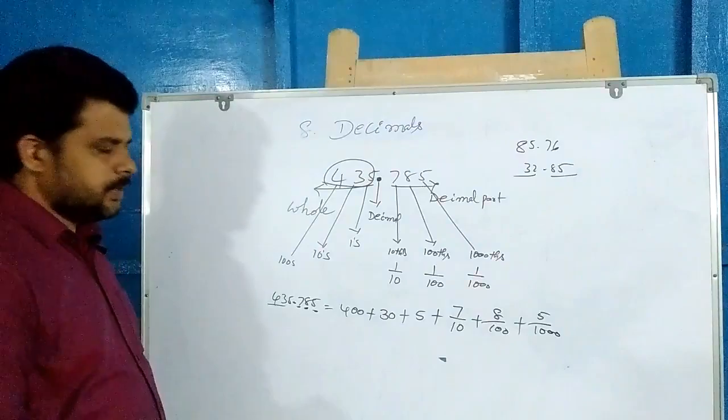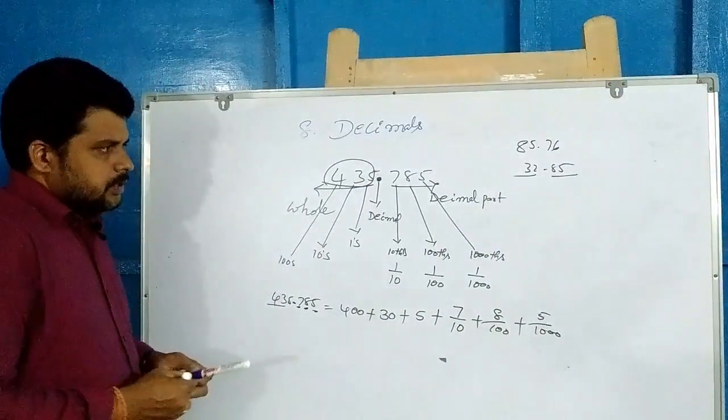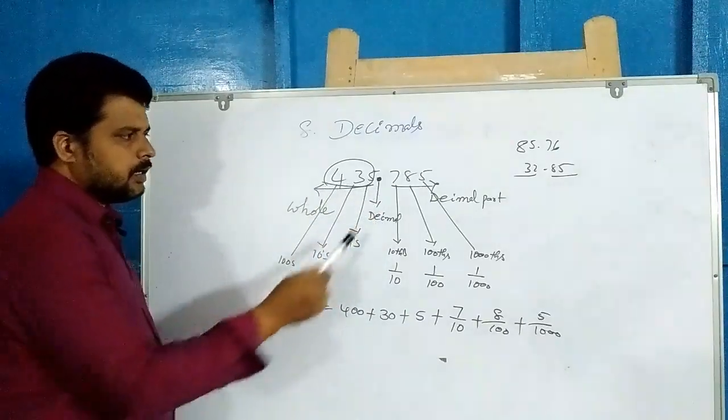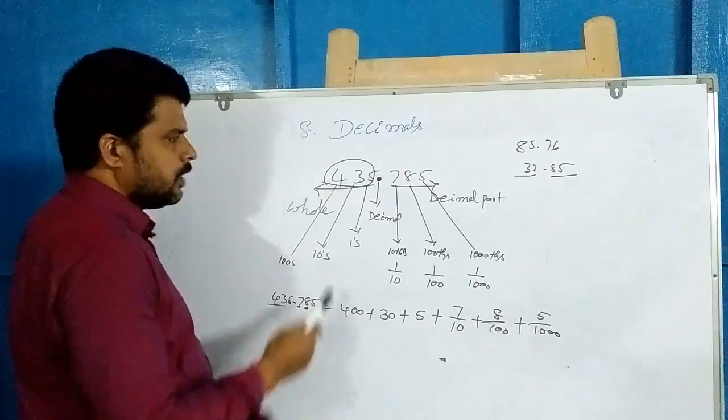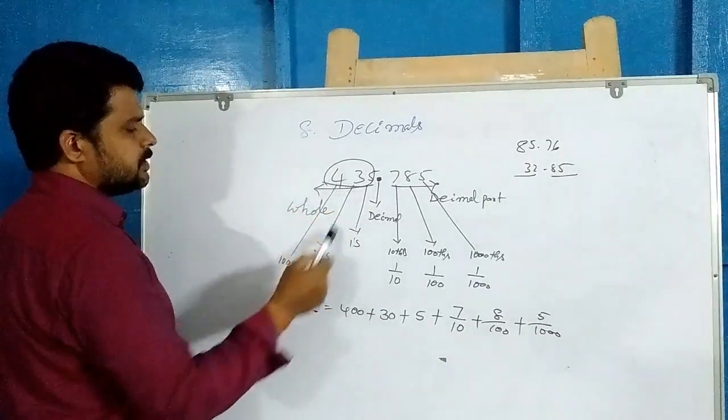This is the expanded form of the decimal number. The whole number part you read as normal numbers like 435, ones, tens, hundreds.